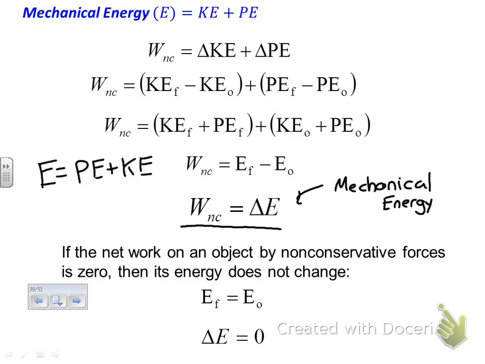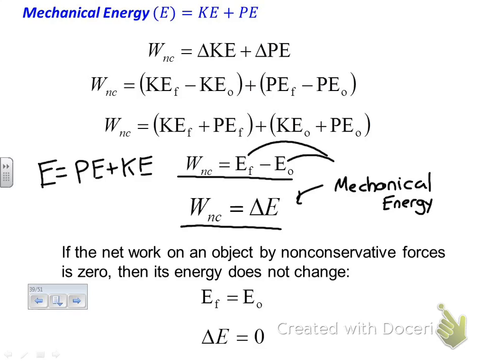And this is just a long derivation of it. So basically, work non-conservative is the final mechanical energy minus the initial mechanical energy.